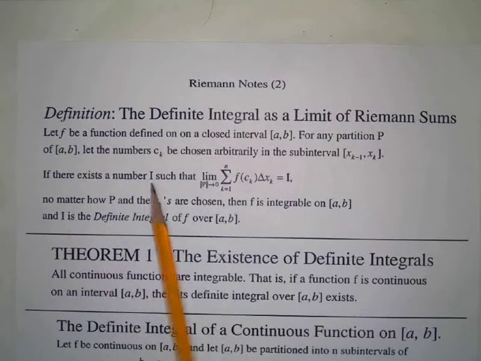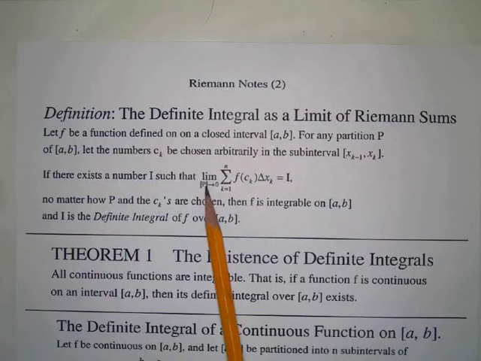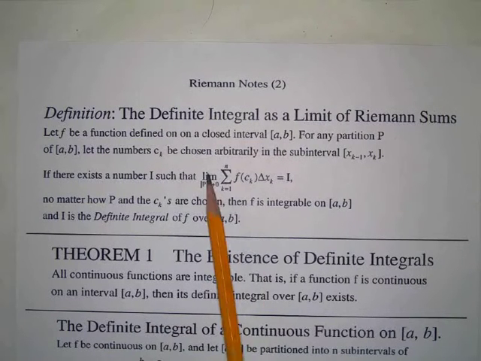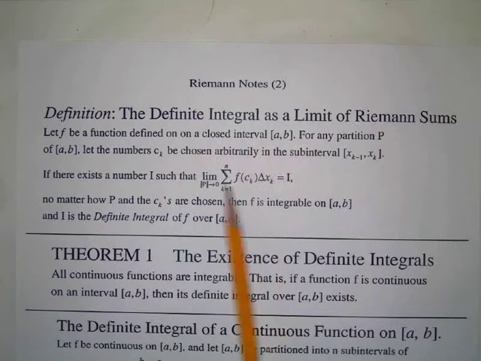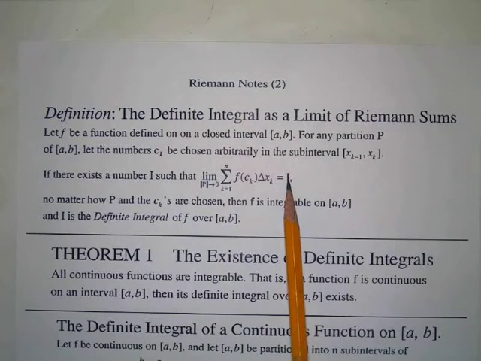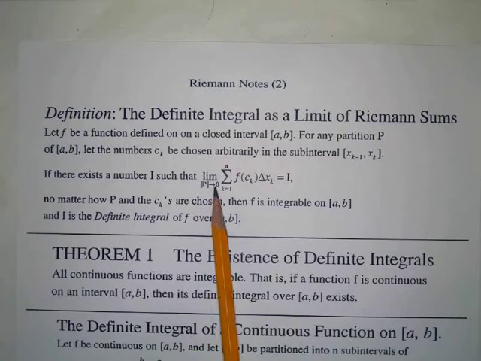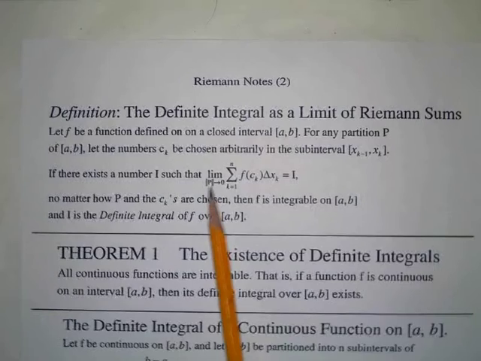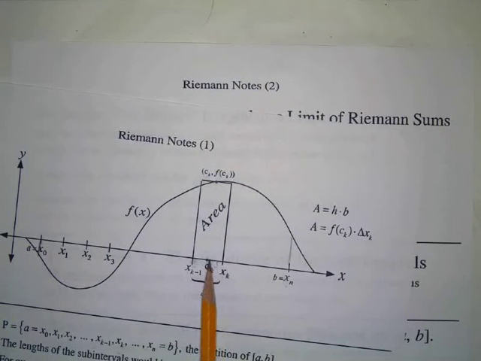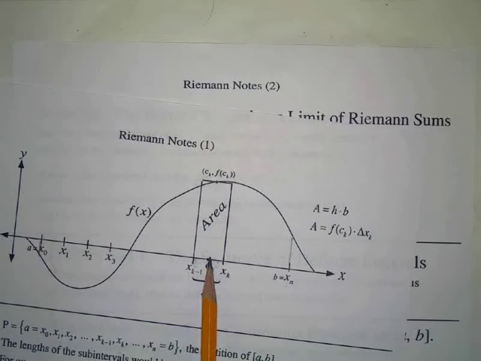If there exists a number I such that the limit as the norm approaches 0 of the sum of all these rectangles, if I add up all the areas of these rectangles, gives a particular area, as the norm approaches 0. Now remember, as the norm approaches 0, as the base of all these rectangles gets smaller and smaller, I have more and more rectangles.